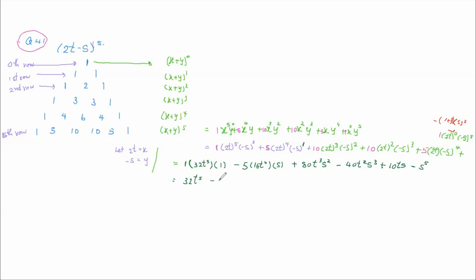This is a minus, right? 80, right? We have 80t power 4 s. And this one is already there, so plus 80 also. t power 3 and s power 2.